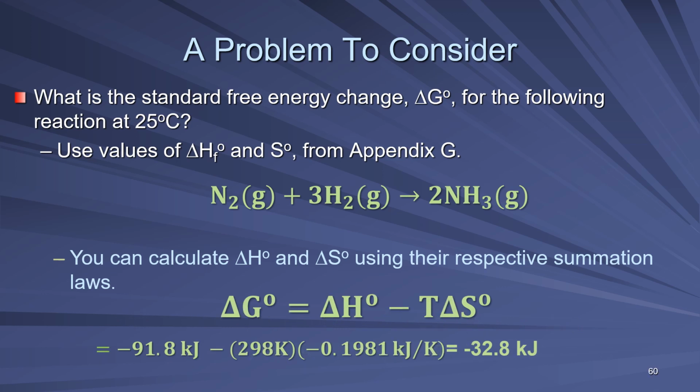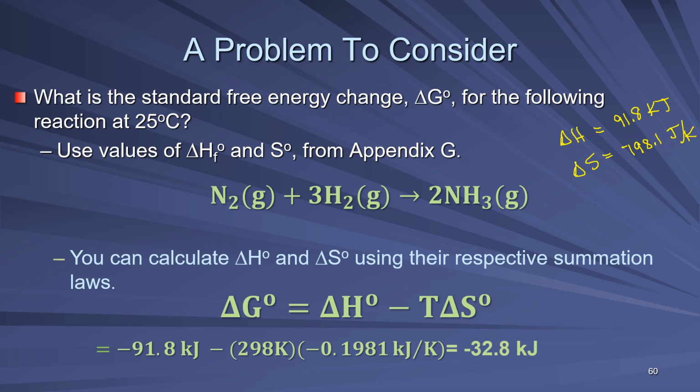And so we can finally get delta G by taking delta H minus T delta S. The one thing you want to be especially careful about is that delta H is in kilojoules, so that's negative 91.8 kilojoules. Delta S is in joules per Kelvin, so it's negative 198.1 joules per Kelvin.